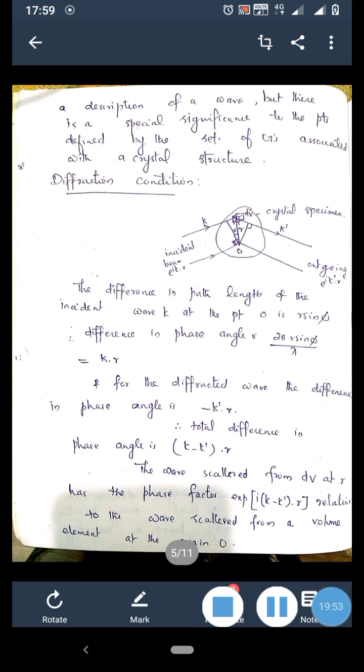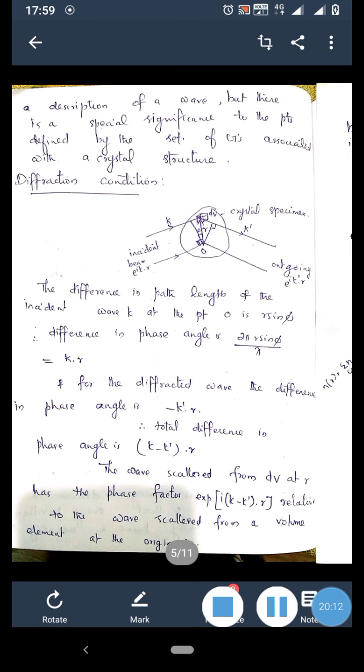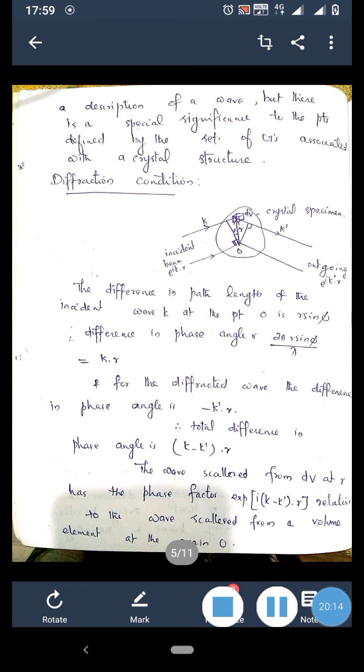So the path difference between the point O and the volume element is r sin phi for the incident beam. Similarly, for the diffracted wave, the difference in phase angle, where the wave vector is k dash and the angle is phi, will be equal to k dash dot r.